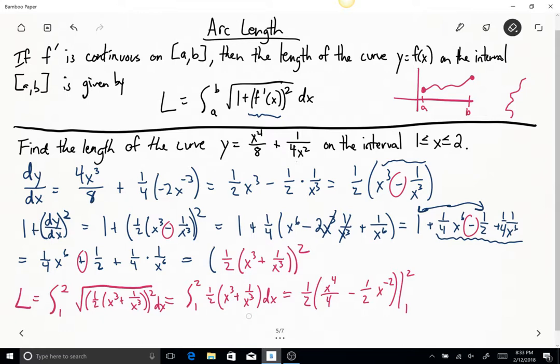That's just the reverse power rule there. And so now when we plug this thing in, we get 1/2 times, we'll get 2 to the 4th minus 1 to the 4th all over 4, and then minus 1/2.